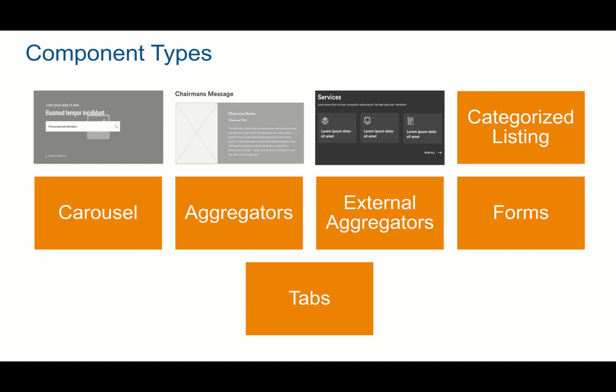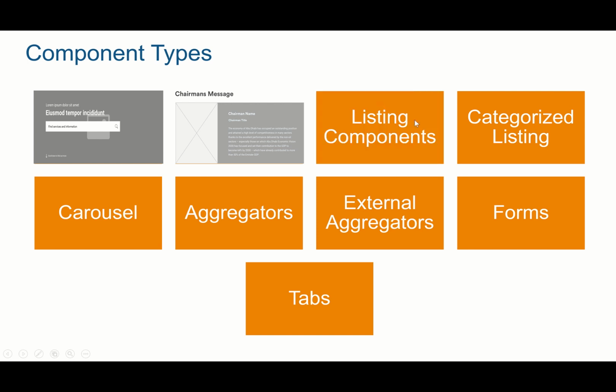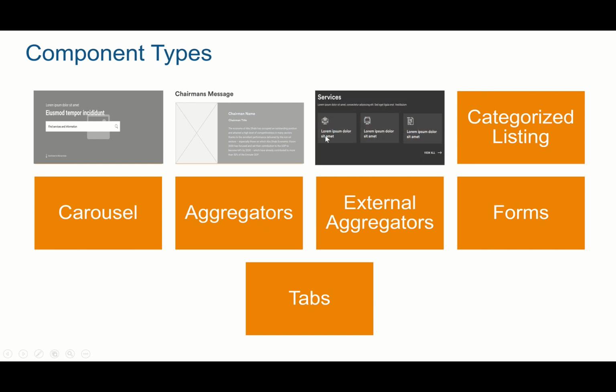For instance, the linked list is really good. It's able to show you a list of items, but it does not aggregate content from other components or from a query within Sitecore. So that's why I've separated between the listing component and aggregators, but a listing component is ultimately a linked list clone with a rendering variant.